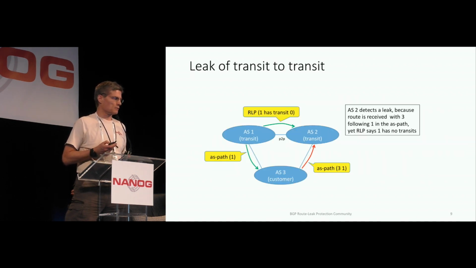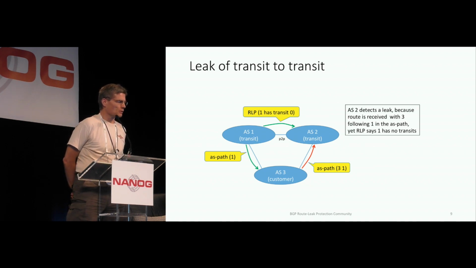Okay, now I have a few more examples here. What's this one? This is a typical valley leak. So AS1 sends a route to its customer. Its customer is dual-homed.